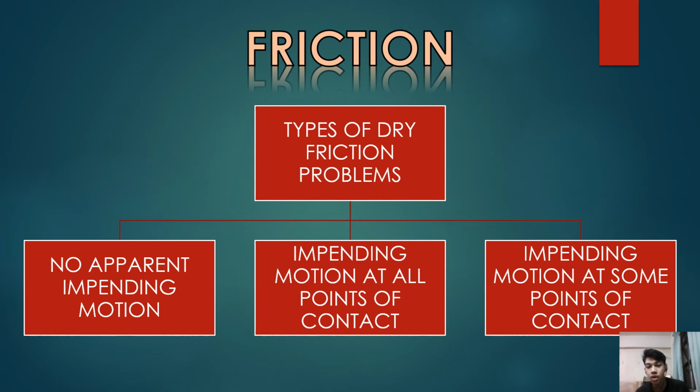So next we are going to analyze the types of dry friction problems that we have. Basically we have three types of dry friction problems: the first one is no apparent impending motion, the second one is impending motion at all points of contact, and the third one is impending motion at some point of contact.